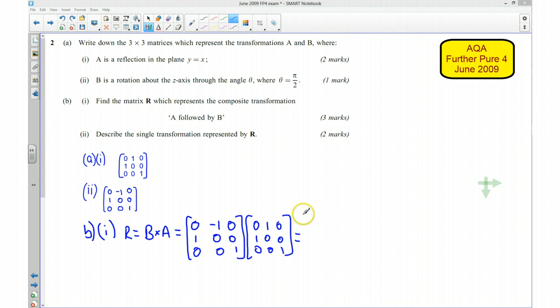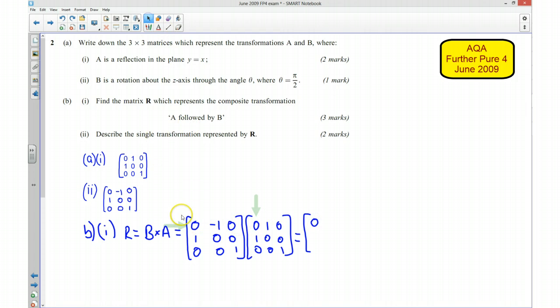Okay, so I'm going to use my arrows again to guide me as I do this. So I'm going to have row 1 times column 1 first of all. So that part there is going to be 0 times 0, which is 0.